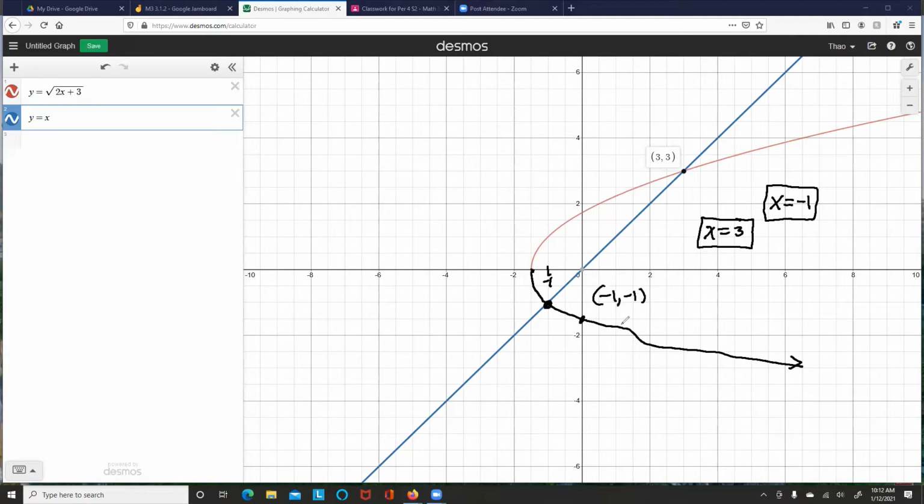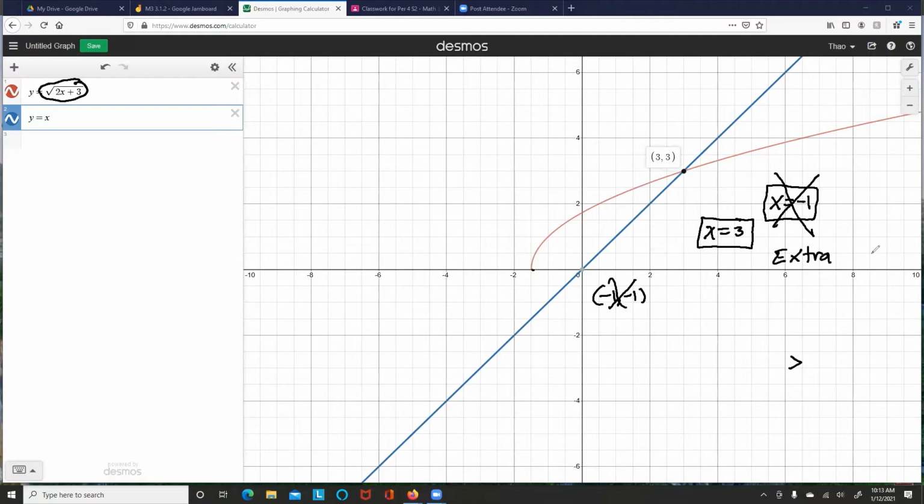But since the graph doesn't have a negative portion because it's a square root, it is only the positive portion. So one of the answers we got doesn't work. It doesn't actually intersect there. So we have what we call an extraneous solution. So x equals -1 is an extra.